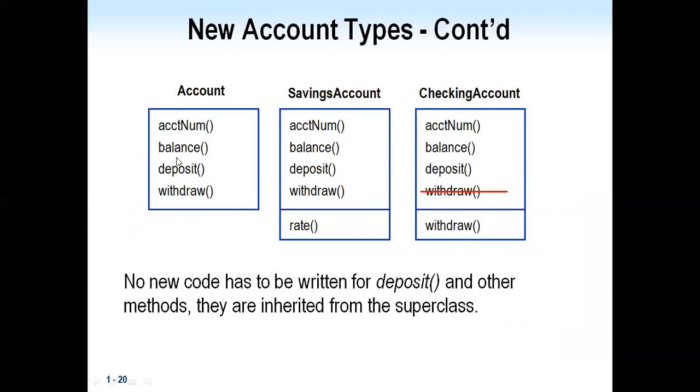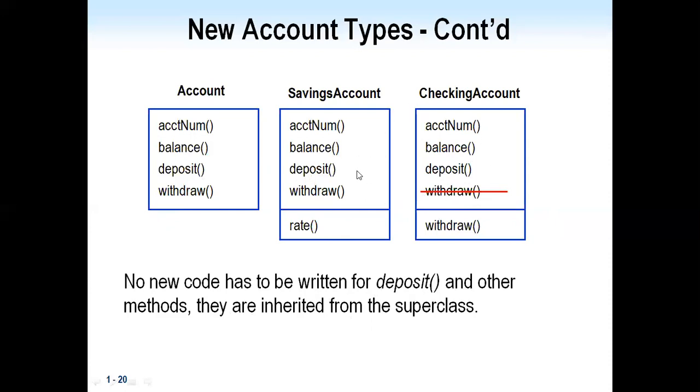So the superclass already has the code for deposit and withdraw. No new code has been written for deposit and the other methods; they have been inherited from the superclass. That is, these two operations, deposit and withdraw, are used from the superclass, the parent class. There is no need to write separate code for deposit and withdraw for checking account and saving account.